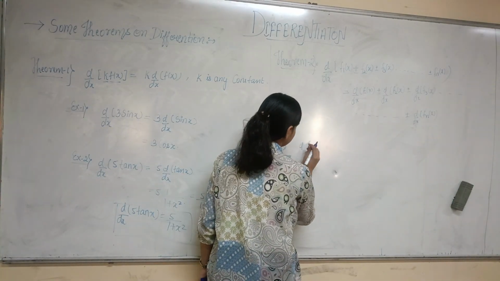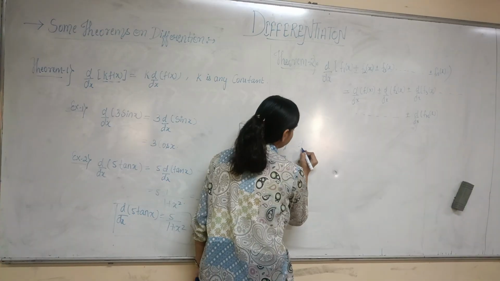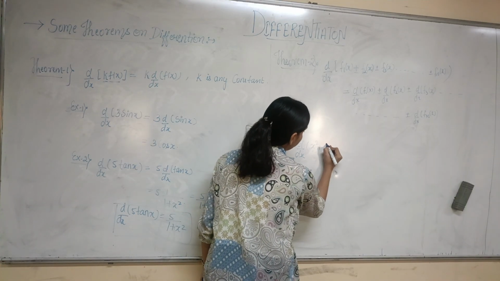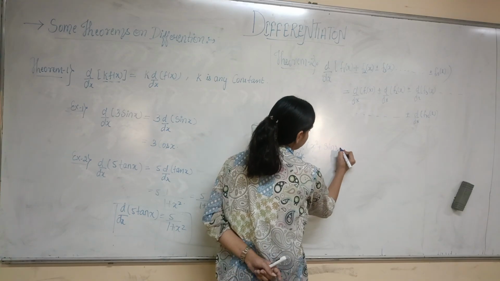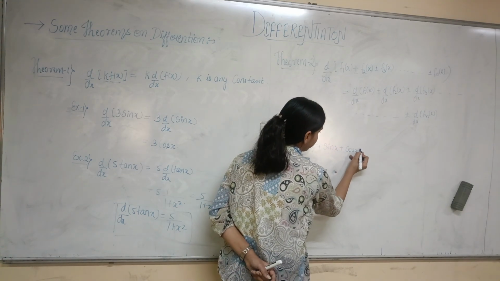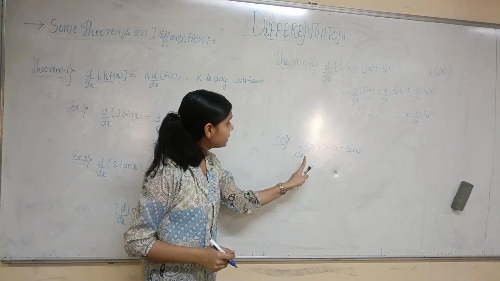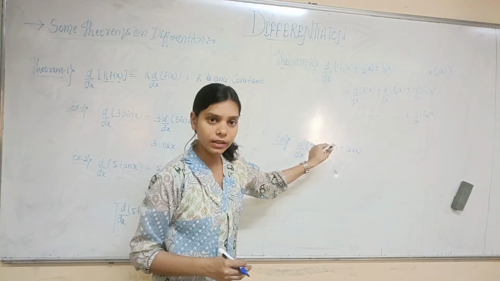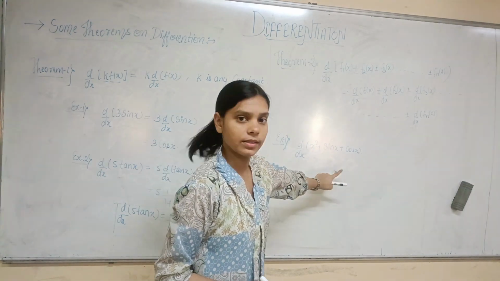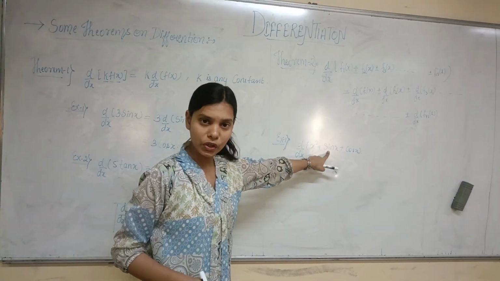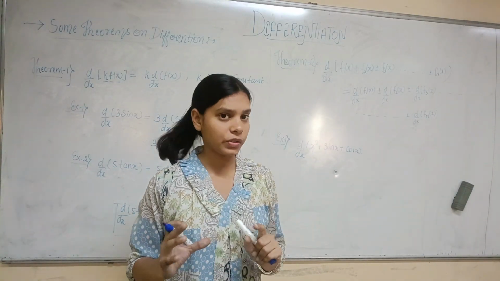Example number 1: find the derivative, d by dx of x square plus sin x plus cos x. Now, according to this theorem, this d by dx is distributed among all the functions. x square is a function of x, sin x is a function of x, and cos x is also a function of x, right?